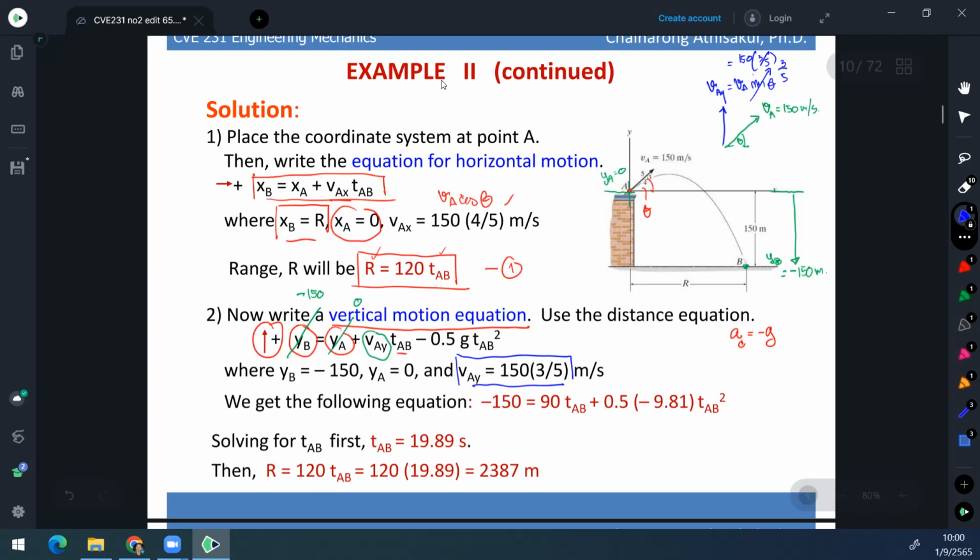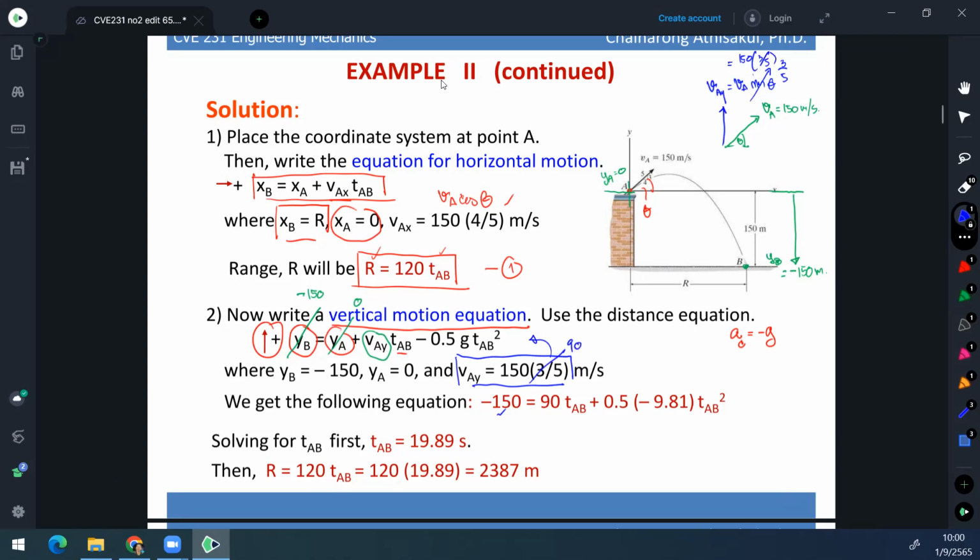We substitute this value into this equation, and 150 times 3 over 5 becomes 90.